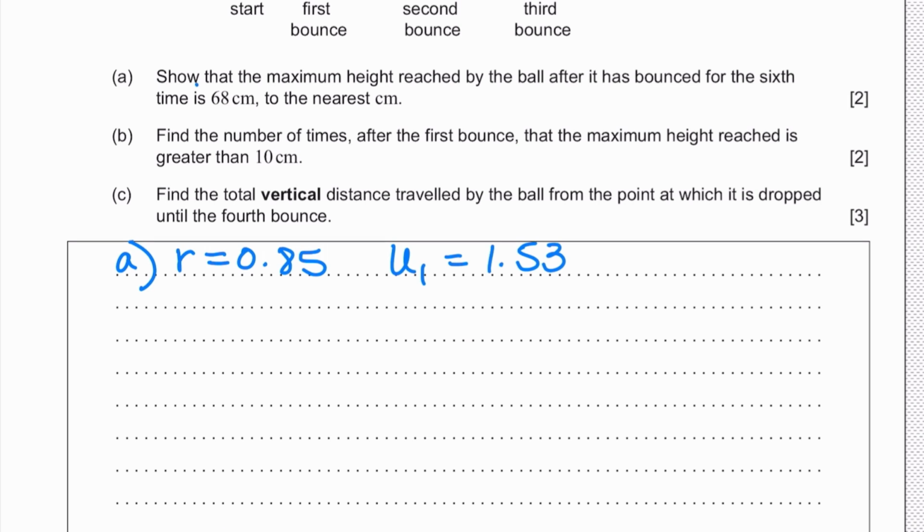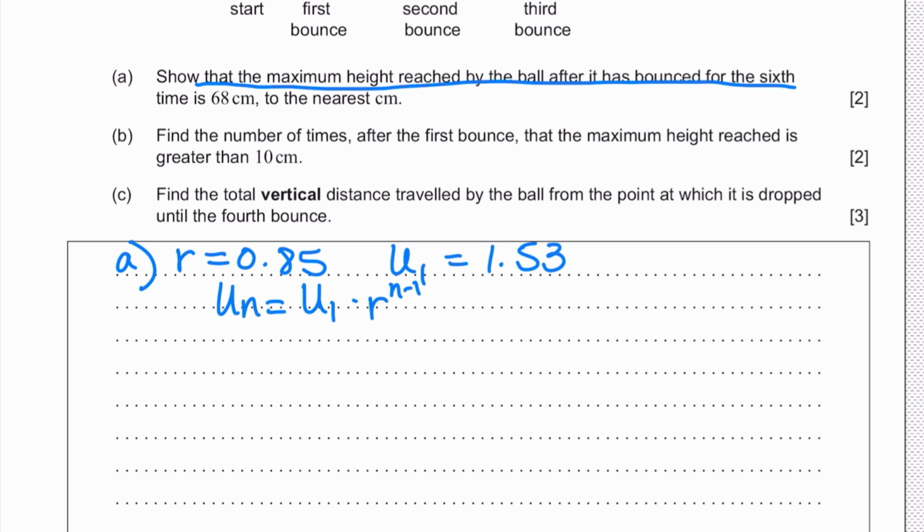In order for me to show that the maximum height reached by the ball after it has bounced for the sixth time is 68 centimeters, then that means that I'm going to have to do a geometric sequence formula where un is equal to u1 times r to the n minus 1. This is also in the formula packet.